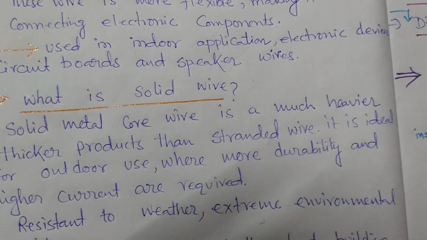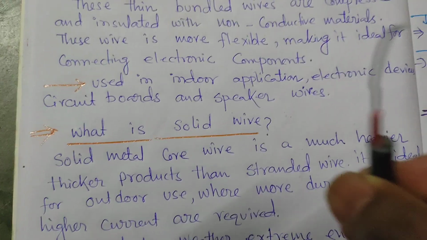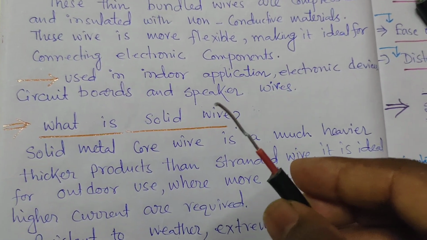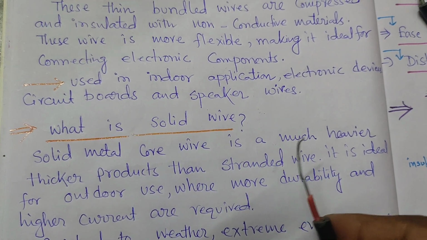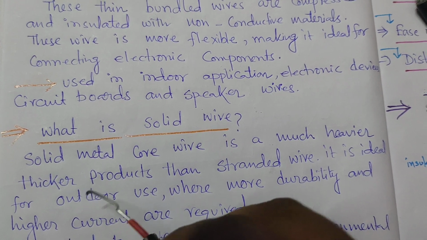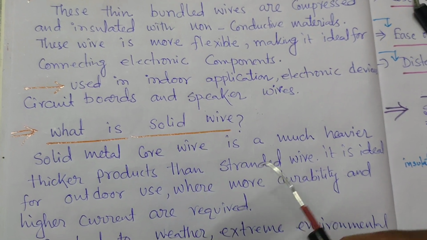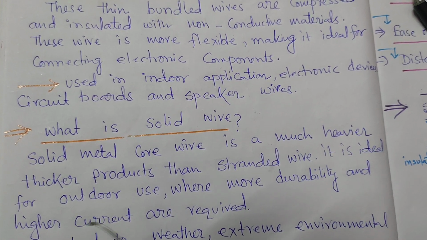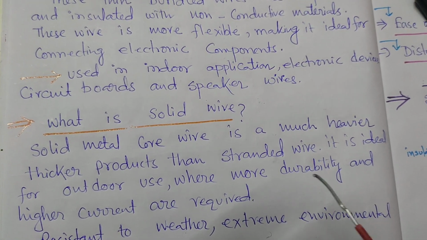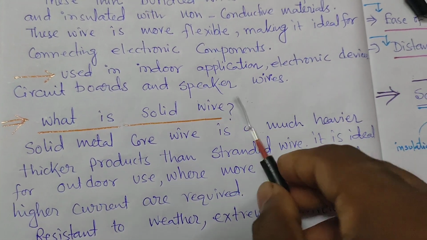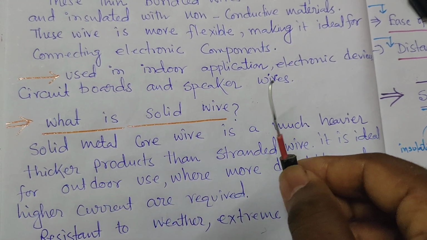Now let's start with what a solid type of conductor is. Solid conductors, that I have shown, friends, this is the solid type conductor. Solid metal core wire is a much heavier, thicker product than the stranded wire. It is ideal for outdoor use where more durability and higher current are required. Where higher current is required, we use these types of conductors.